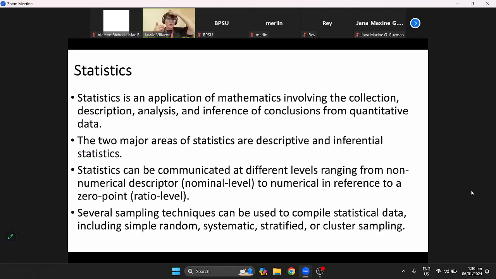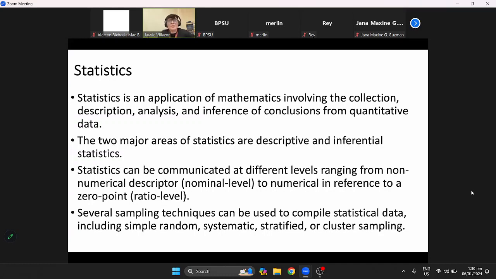Now, if we look closely, mathematics is kind of a trigger of anxiety or fear, and so on and so forth. But statistics is different because it is an applied mathematics, which means you're able to witness the application of mathematics in daily situations, unlike geometry, calculus, or trigonometry.